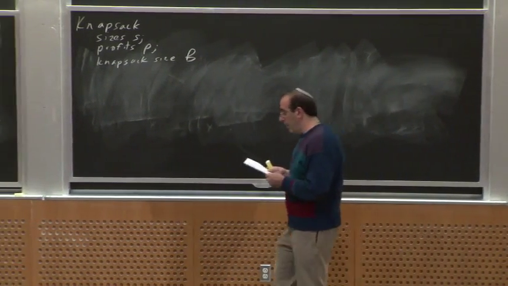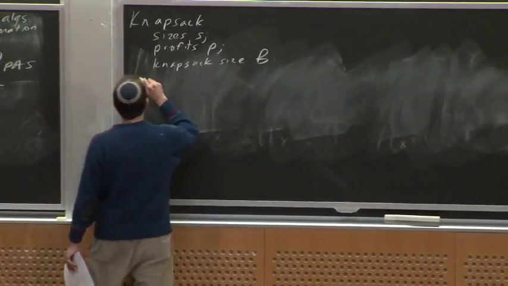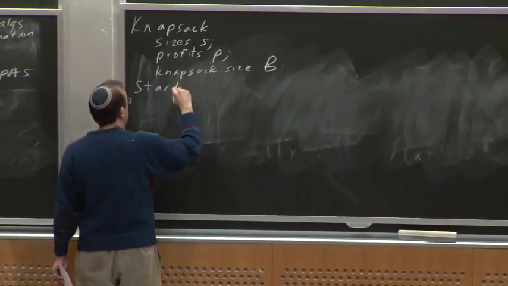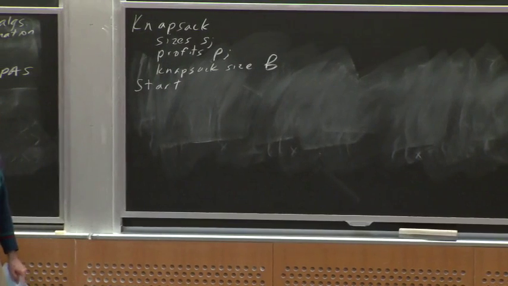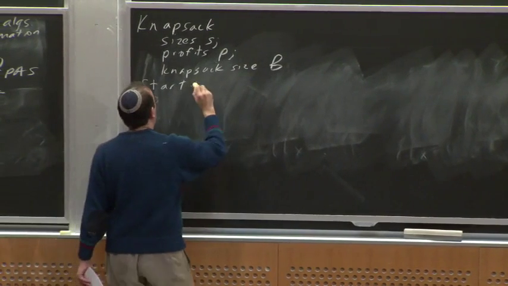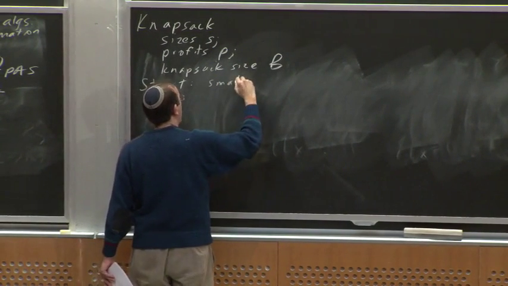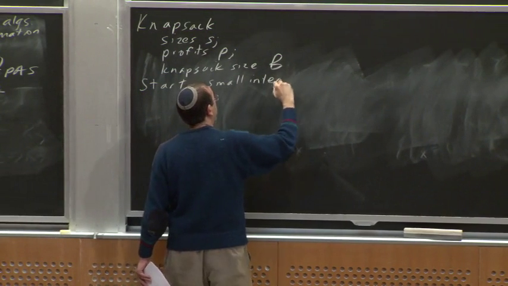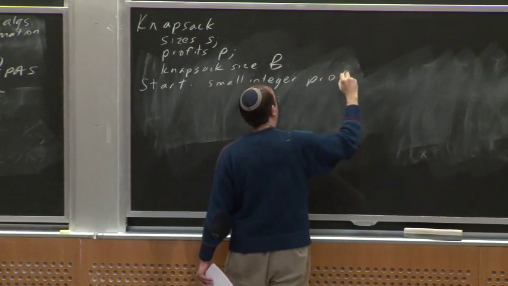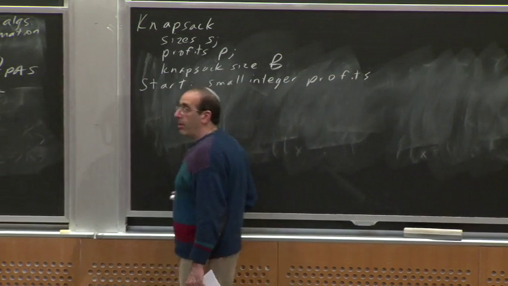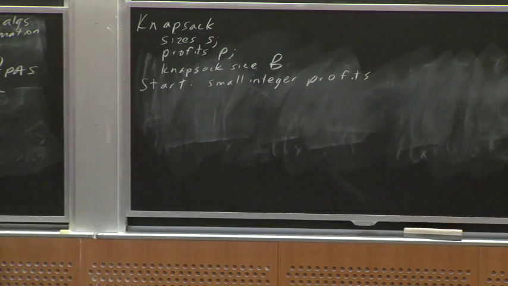Now, we're going to start by looking at the special case of small integer profits. And I'm going to argue to you that when the profits are small integers, then in fact it's possible to solve this problem exactly. It's no longer NP hard.